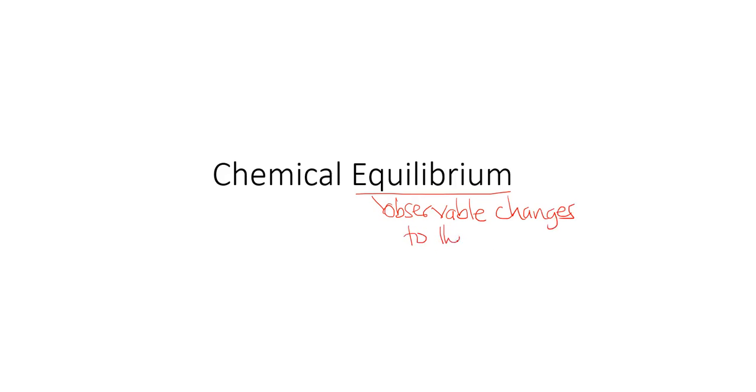So when we talk about chemical equilibrium, really you are looking at a chemical reaction and you don't see any observable change. But how does this happen?